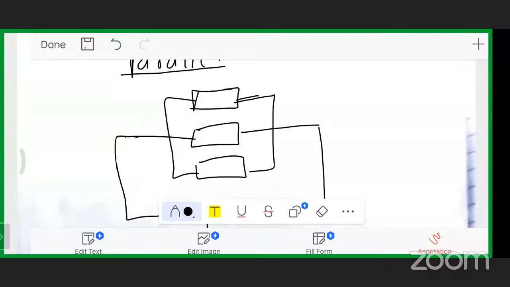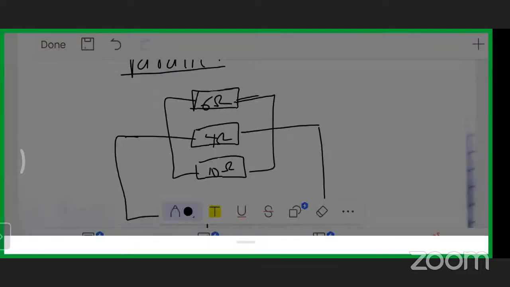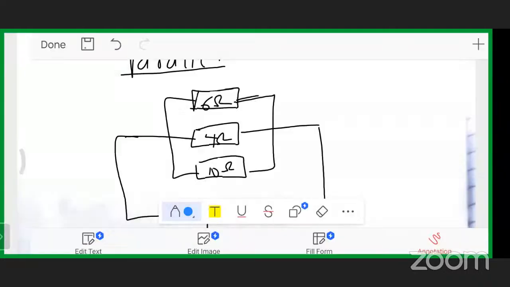The first one, let me give it 6 ohms. This one I can give 4 ohms. Then this one I give 10 ohms. So this one will be R1, this R2, and this R3.